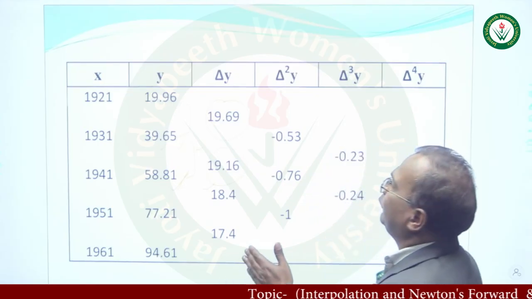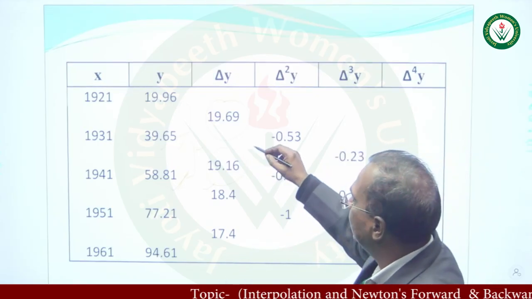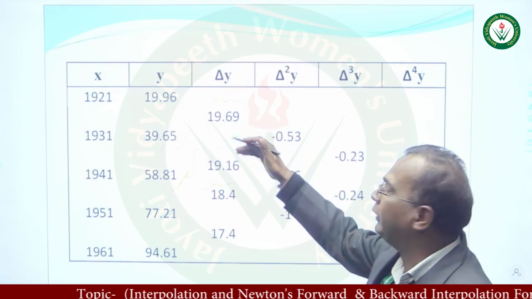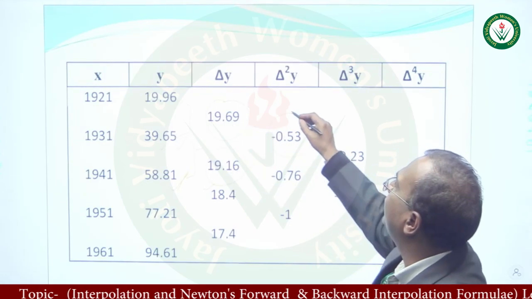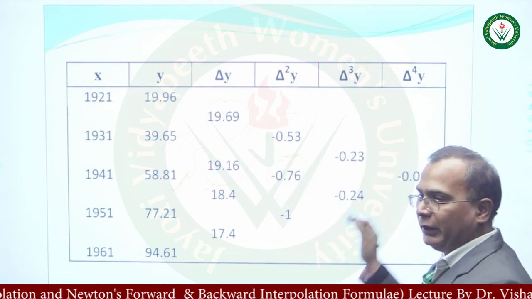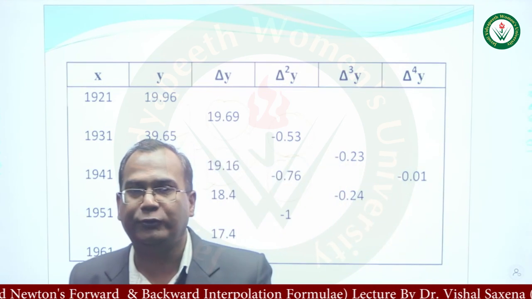In a similar way for the second difference, if we subtract this value from this value, then we will get this second difference value, and in this way the table is to be prepared.